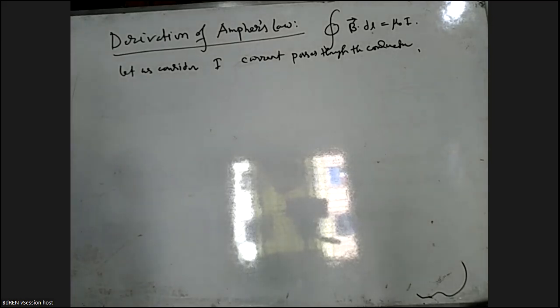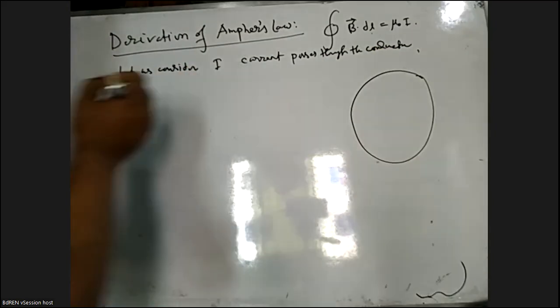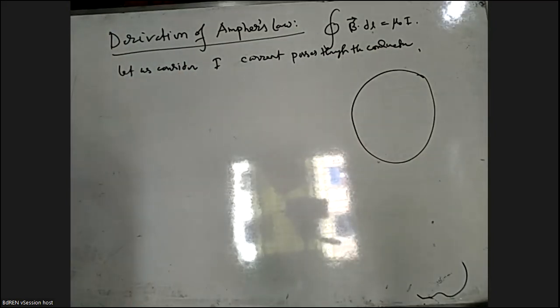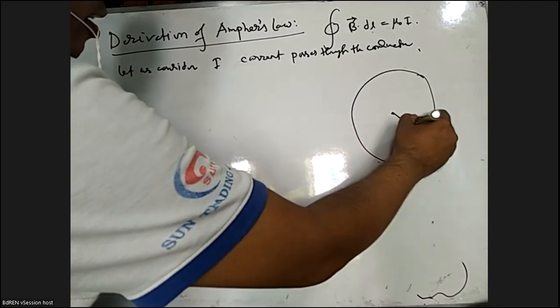And if we place a magnet, then there will be a magnetic field produced. Suppose there is a circular wire, and this is the center, and the radius is r.